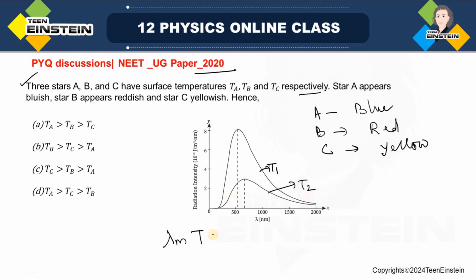So you will see for this curve lambda m into T remains always constant, constant k.